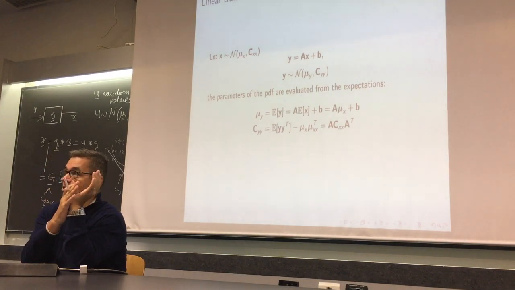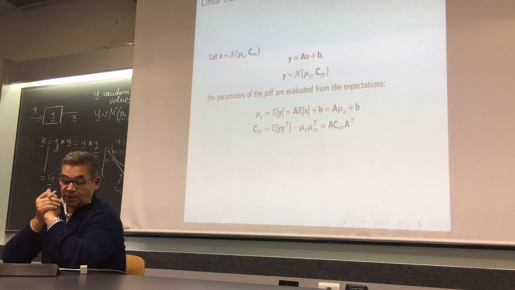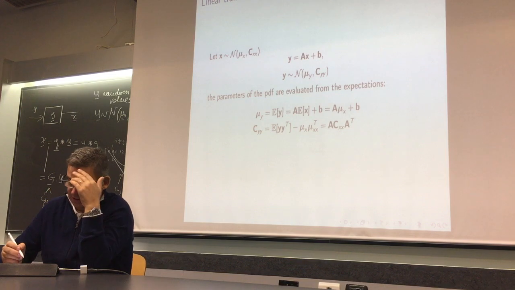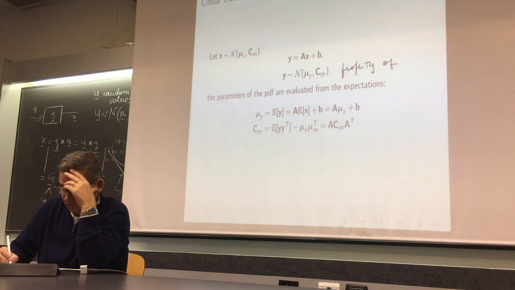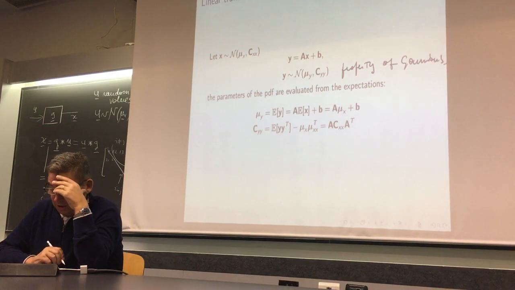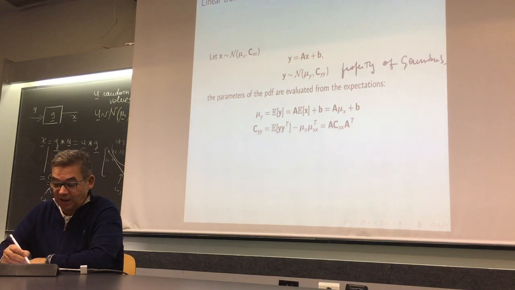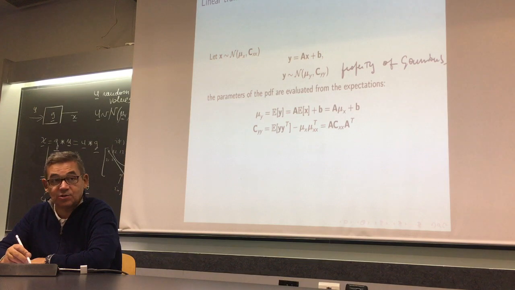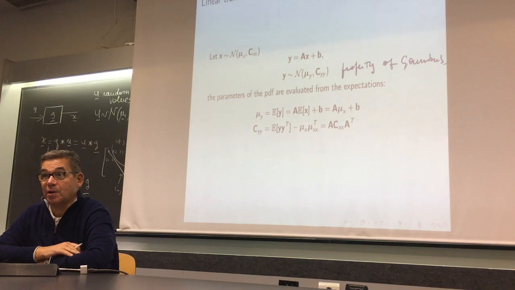Every linear transformation of Gaussians is Gaussian. This comes from the property of Gaussians. Since I know that if x is Gaussian then y is Gaussian, I need to know the mean value of y and the covariance of y.